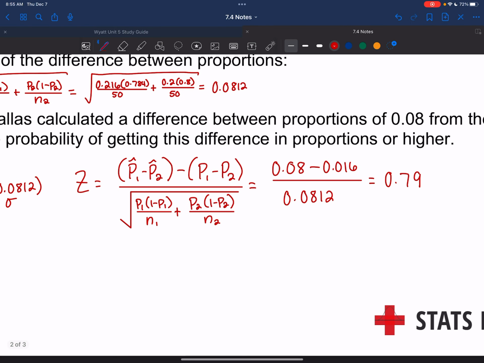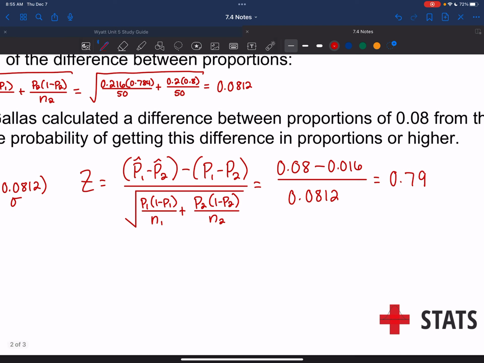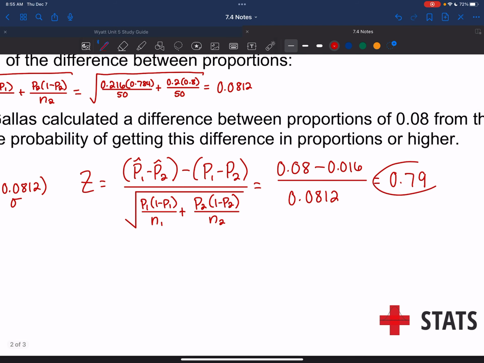And if I want to calculate the probability of getting at or higher than 0.79, we can use table A. And since we're measuring at or above, we'll have to do 1 minus. So whatever value you find on your table for 0.79, just do 1 minus that. So if I'm doing table A, I'm going to have 1 minus the z-score at 0.79, which gives us a value of 0.7852.